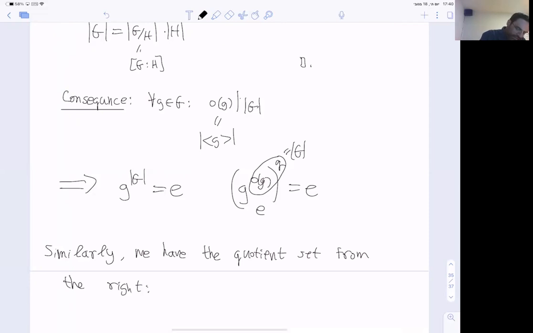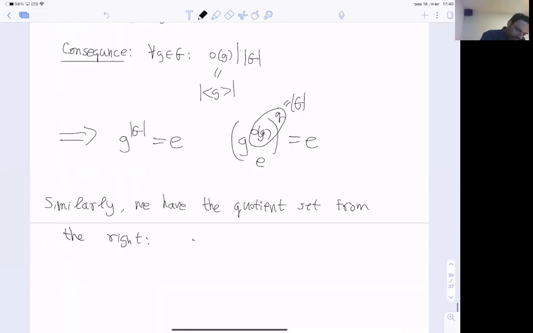We write it in this way. These are right cosets.